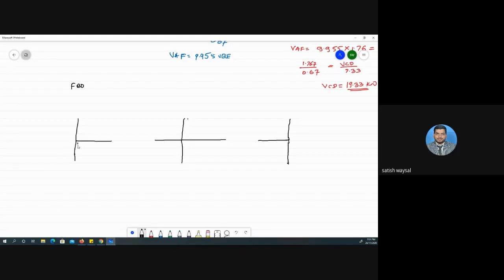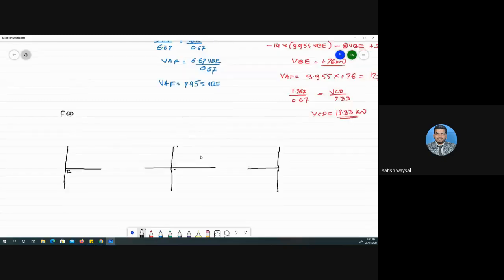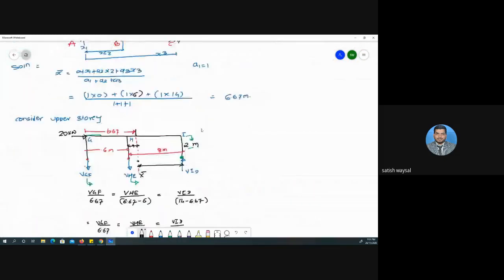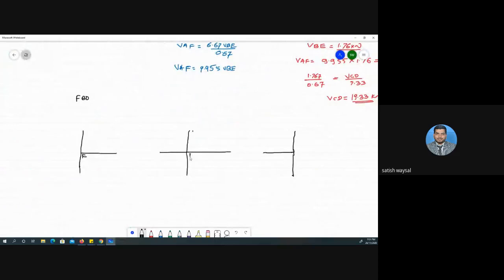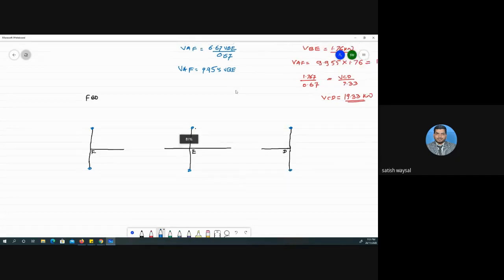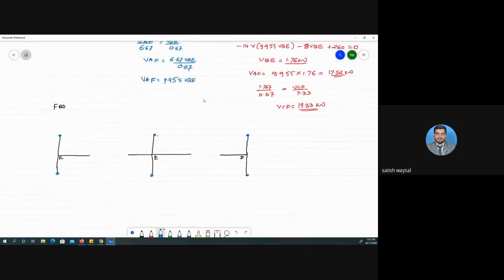Which joint we have considered? This joint is F joint, this joint is E joint, and this will be our D joint. Okay, now we'll consider the internal hinge over here. Right now, whatever the internal forces you have determined in this member, that will show first over here.